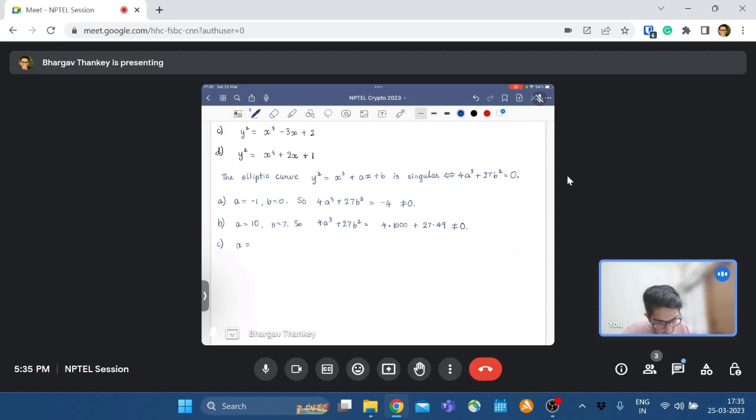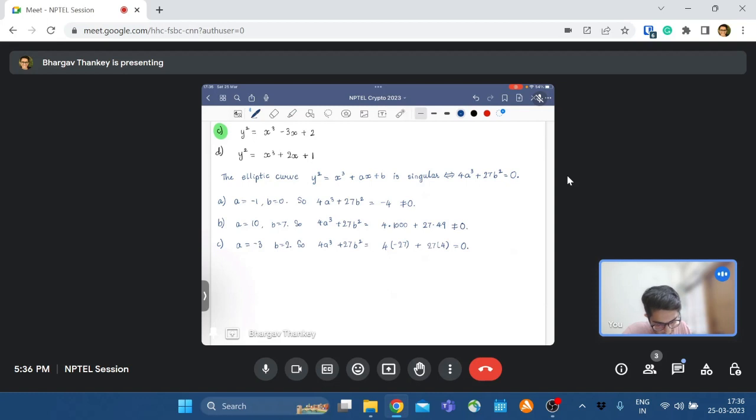In option C, a is -3 and b is 2. So 4 times -27 plus 27 times 4, which is 0. So C is singular.